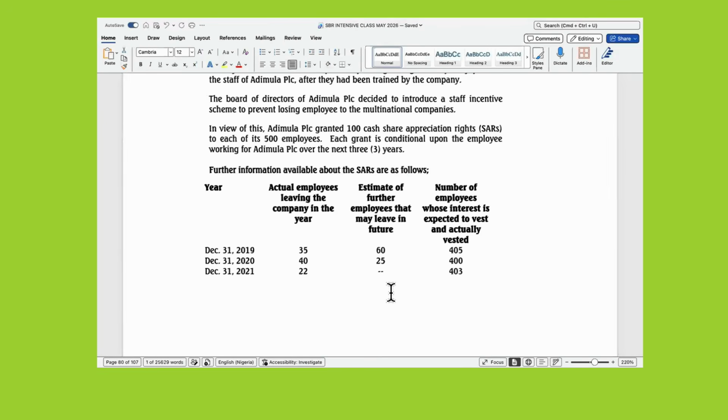This is the year where we count our losses. So in totality, 35 left in year one, 40 left in year two, 22 left in year three. So the total actual people that have left is 97, and that's why out of 500, we're having 403 here.